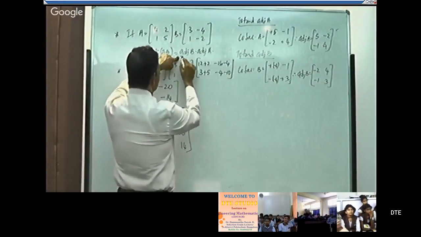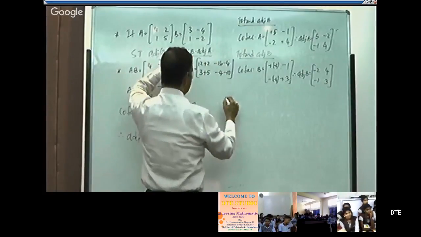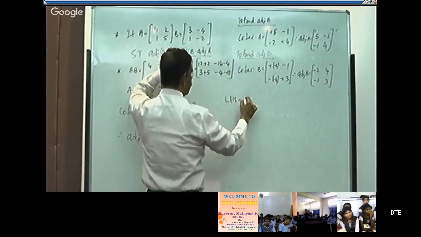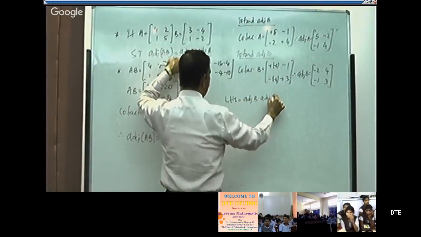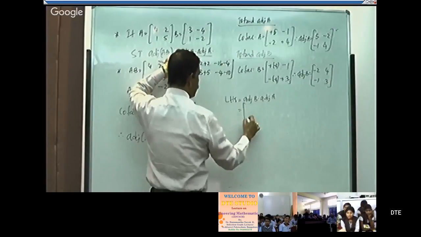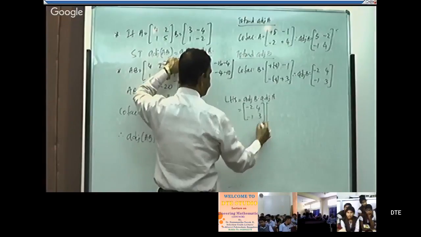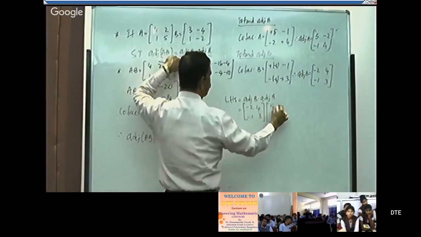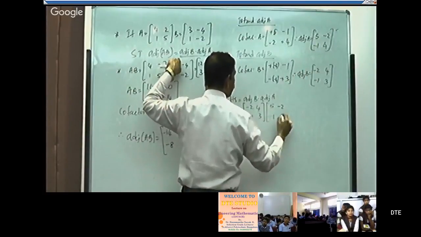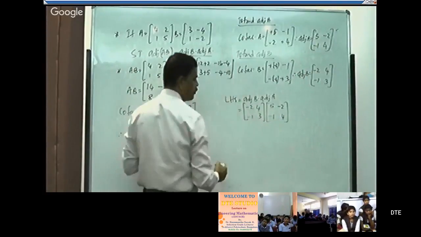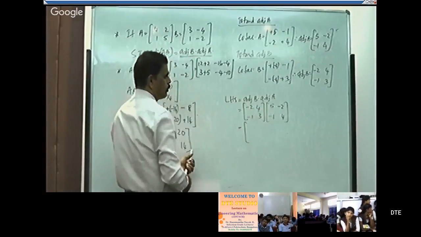I should take the product of what? Adjoint of B into adjoint of A. That is the left hand side. Write adjoint of B: [-2, 4; -1, 3]. Write adjoint of A: [5, -1; -2, 4]. Take its multiplication, rows into column.